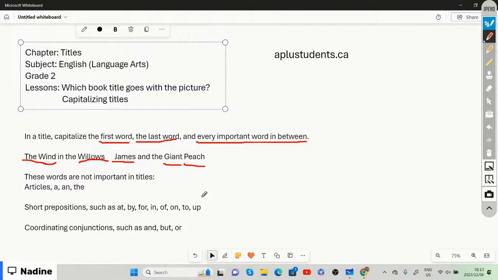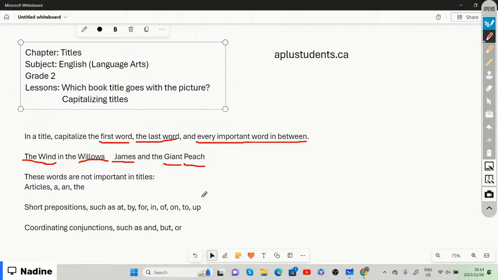All right, so once again, in a title, we need to capitalize. Remember titles of books, titles of journals, but for now, let's just start with titles of books. If you have a title of a book, the first word of that title is capitalized.